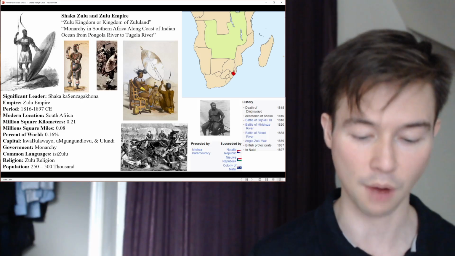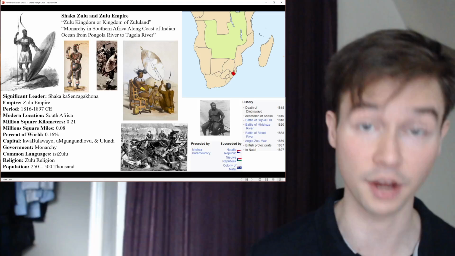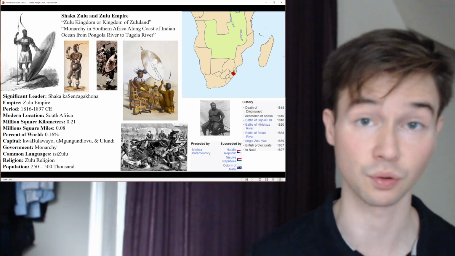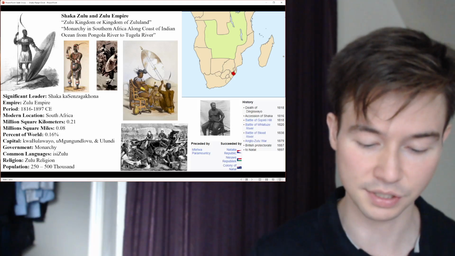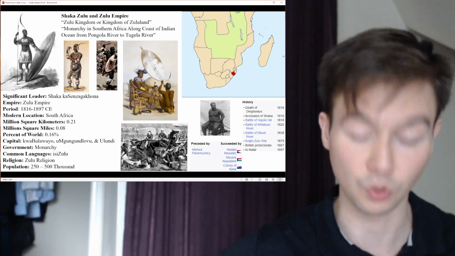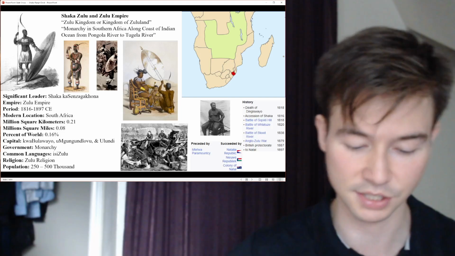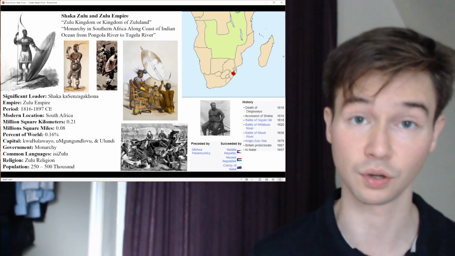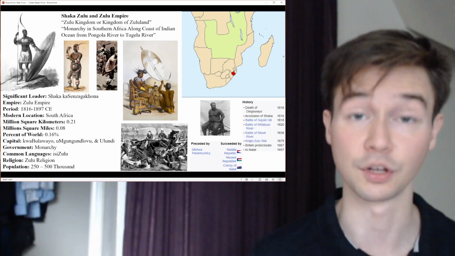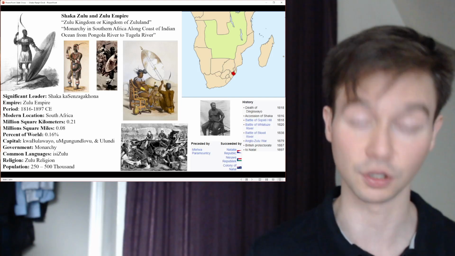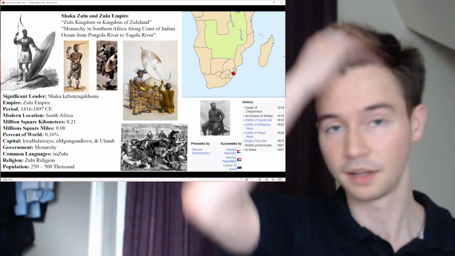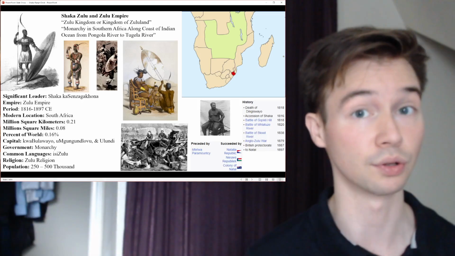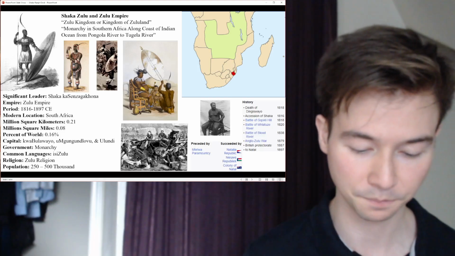His military prowess caught the attention of Dingiswayo, who became his mentor as well. Shaka introduced significant reforms into the Mthethwa military system even at this time, including a short stabbing spear known as the Iklwa, and a new battle formation like the Buffalo Horns formation. So very much impressing his mentor, but also learning in this regard as well.